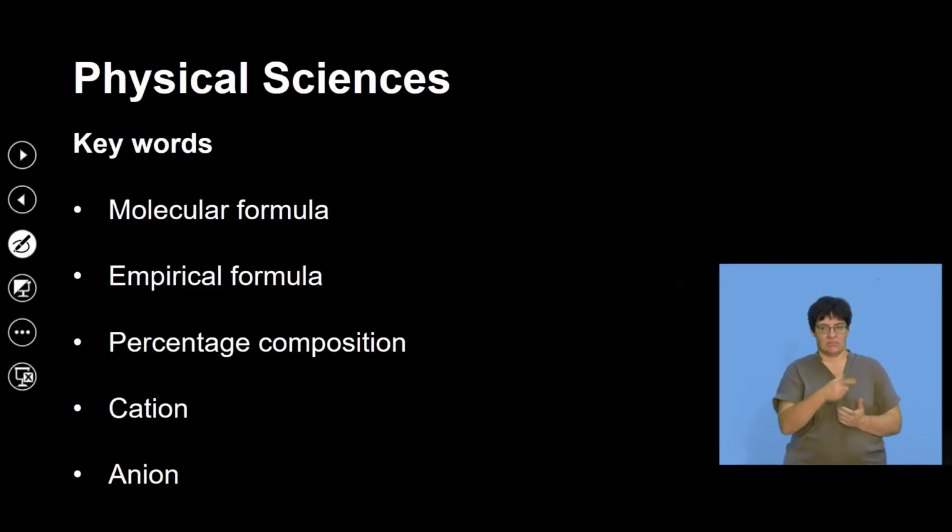We'll talk about the molecular formula. How is it different from empirical formula? These two are types of formulae that describe compounds or substances, okay? Then we'll talk about percentage composition, cation and anion, amongst a host array of others, but these are the ones that we shall be using more often than others, right?